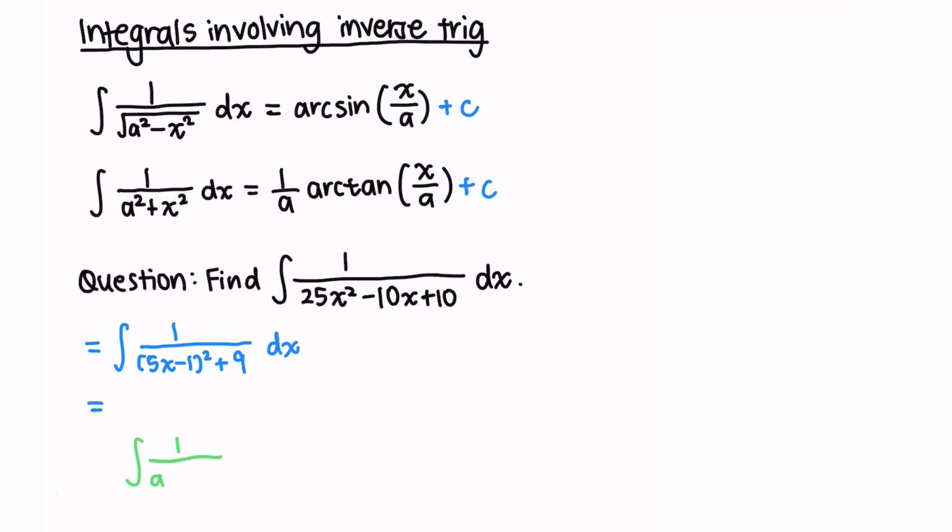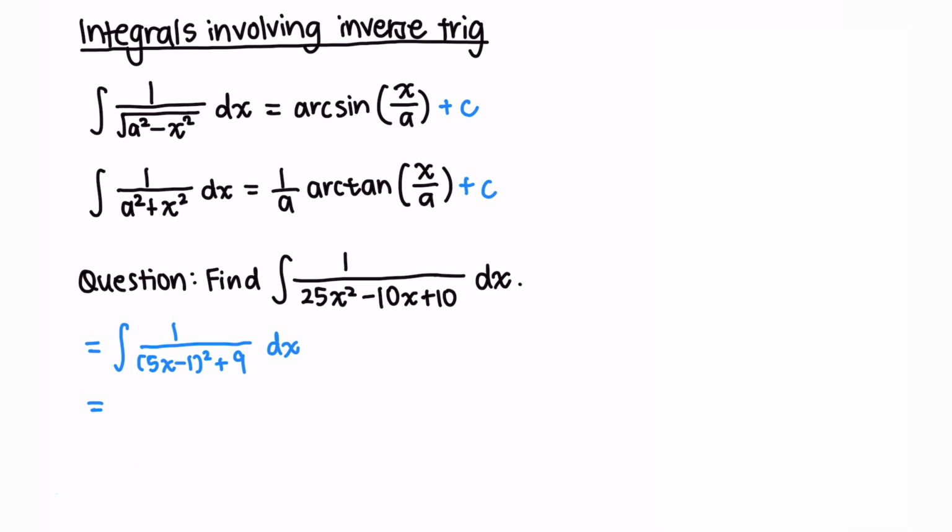So what we're doing when we're doing reverse chain rule is we have 1 over a squared plus, let's say, px plus q squared, and then dx. This will be 1 over a, and remember you have to divide by p because we're replacing it with px plus q, and then you have arctangent of px plus q over a plus c.